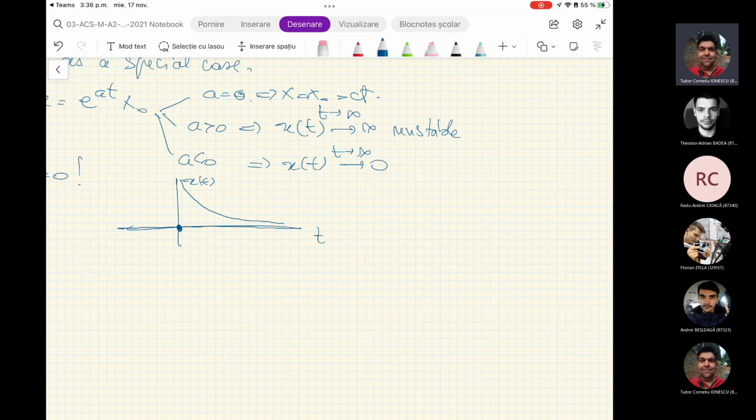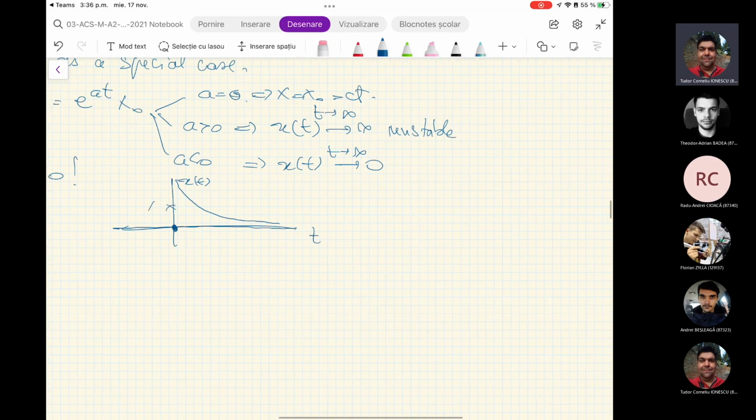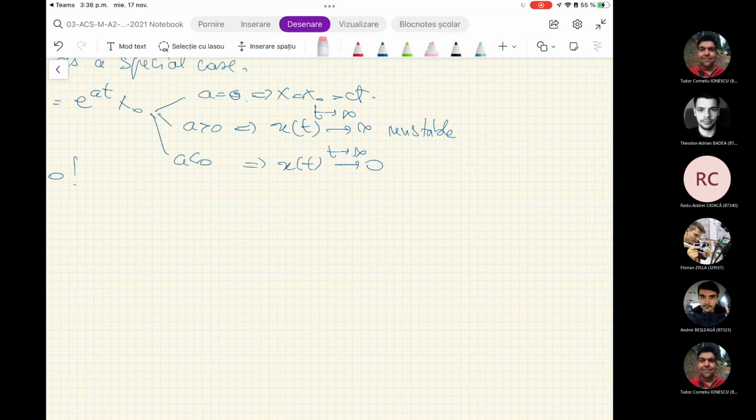If a is 0 and you start here with the initial condition x naught, then you stay at constant distance from the initial condition. You're still stable. But if a is positive, actually I should do this drawing in a different way. I must have an initial condition.